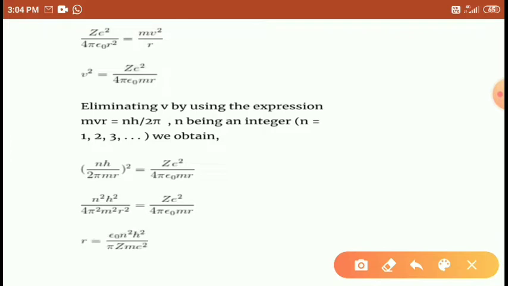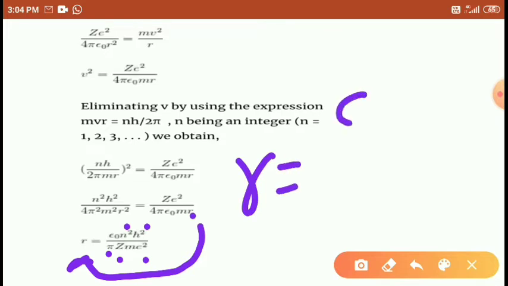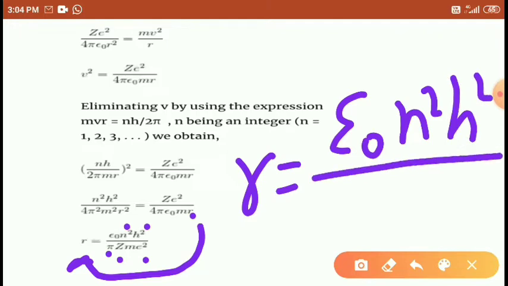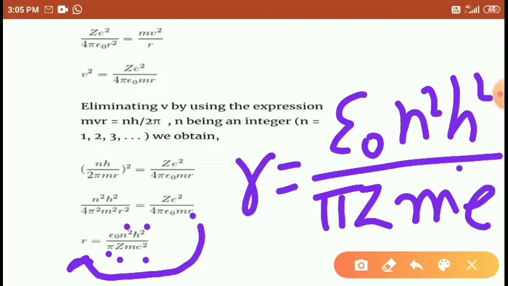Next we want to calculate the radius, so r is taken outside. Now we rearrange this formula again, so r is equal to epsilon naught n square h square over pi Z m square. Right students?